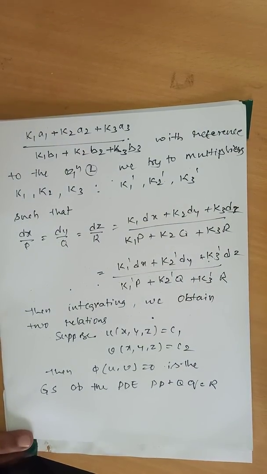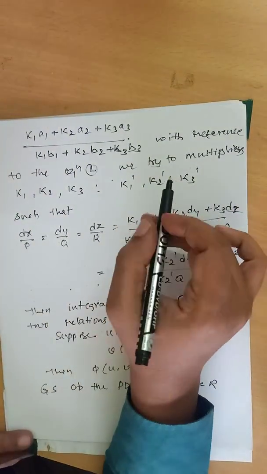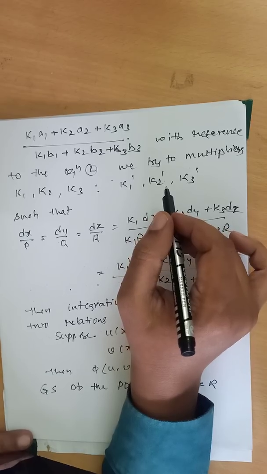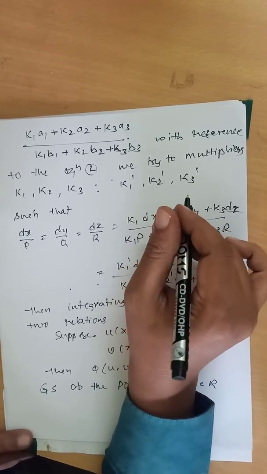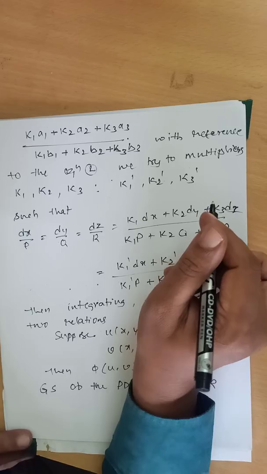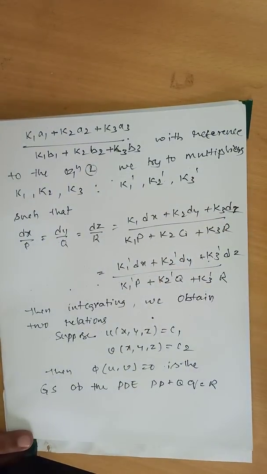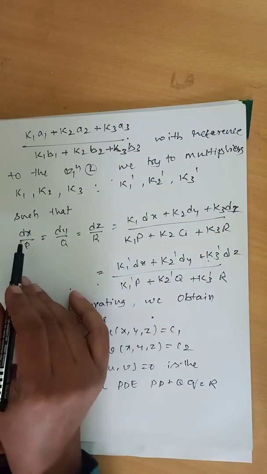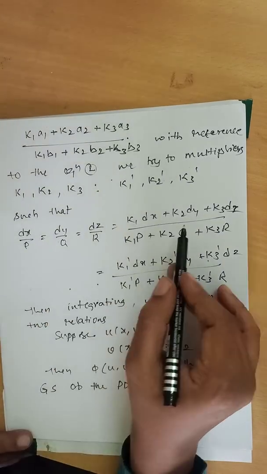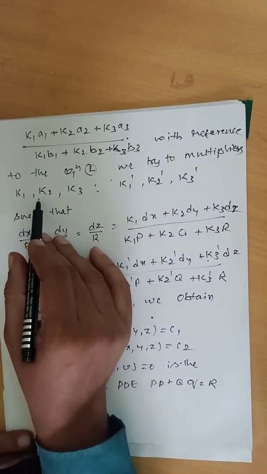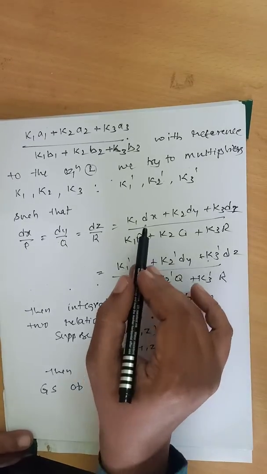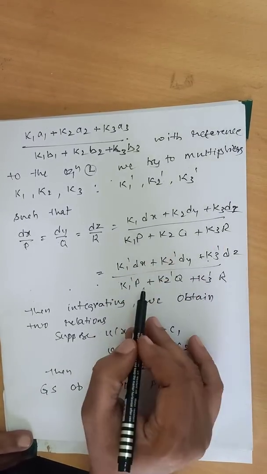The multipliers may be constants like 1, 1, 1, or variables like x, y, z, etc. After choosing the two sets of multipliers, we add like this.